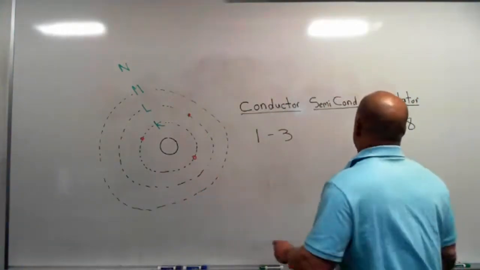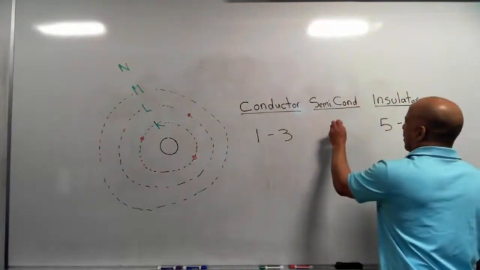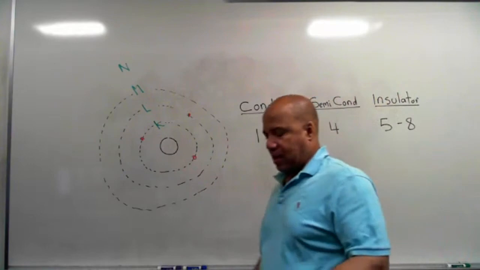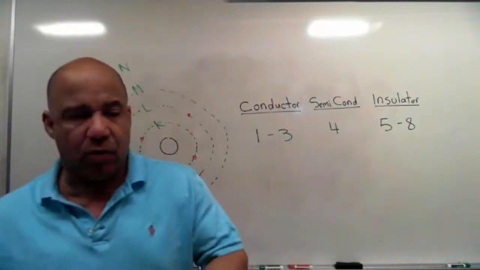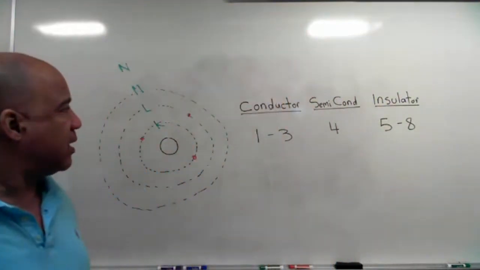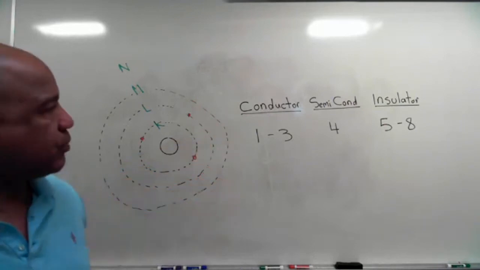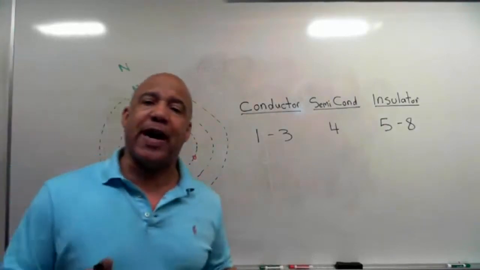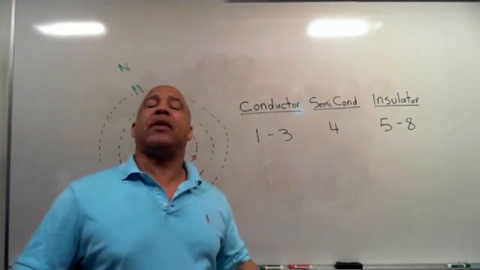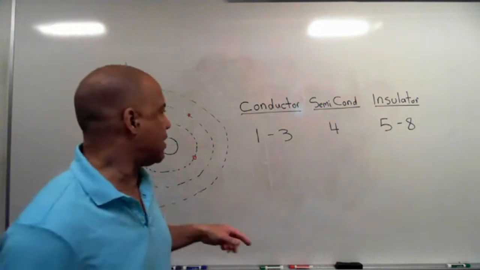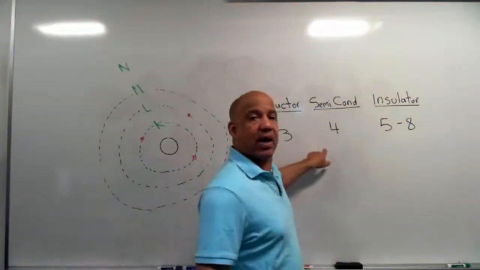And if the atom has exactly 4 valence electrons, then a material made out of that element will be a semiconductor. So given a certain material, you can use the periodic table to figure out if we're going to have a conductor, insulator, or semiconductor, by just counting the number of valence electrons.